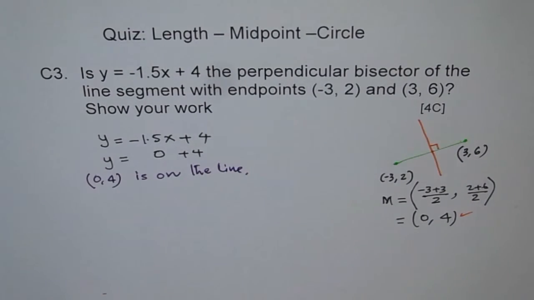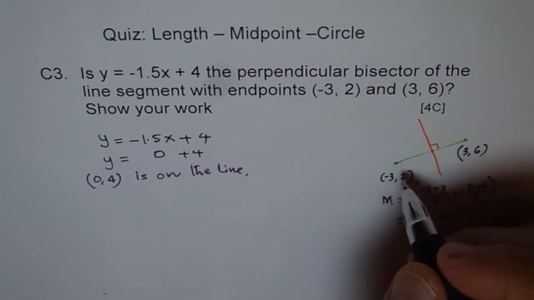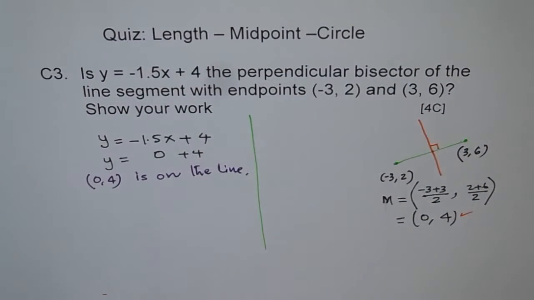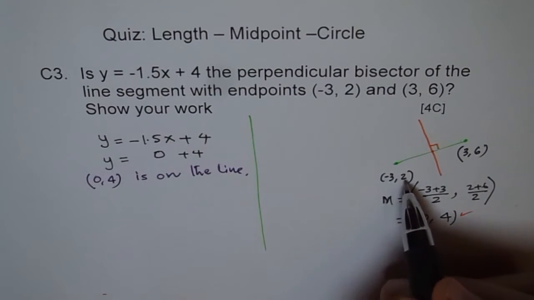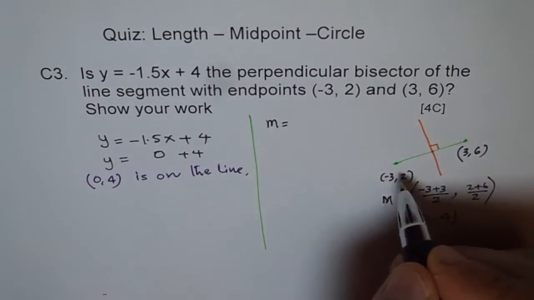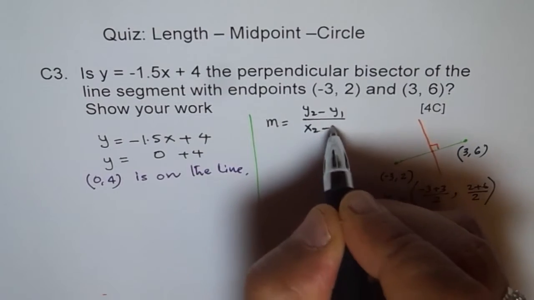That's the first part check. Now the second part is that the slope should be the negative reciprocal, right? So let's find the slope of the line segment going through the points (-3, 2) and (3, 6). The slope is y2 minus y1 divided by x2 minus x1.